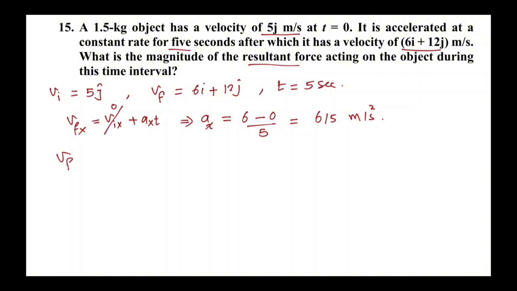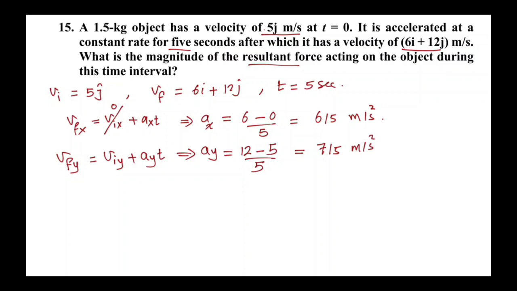Now V final y equal to V initial y plus ay t. Again, ay equal to 12 minus 5, this 5 here, divided by 5, because the initial y equal to 5j hat, which equal to 7 over 5 meter per second square.